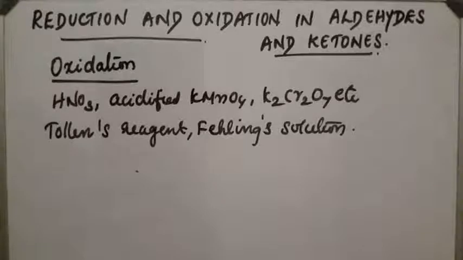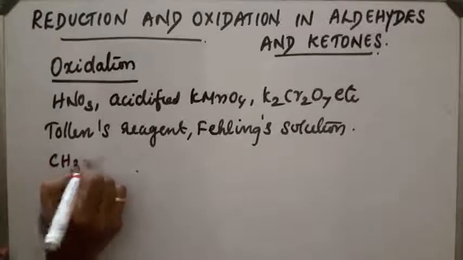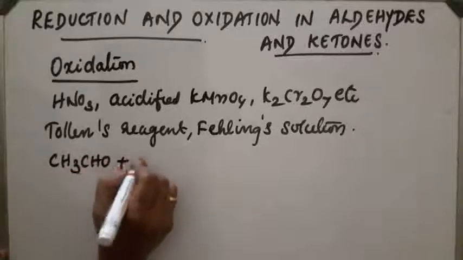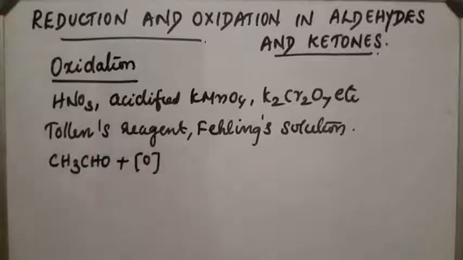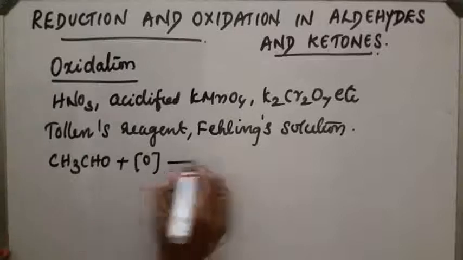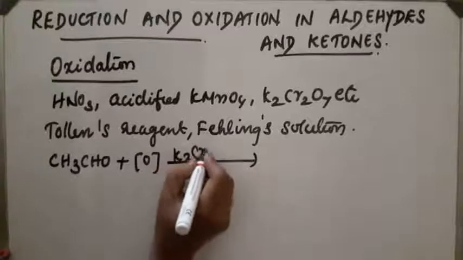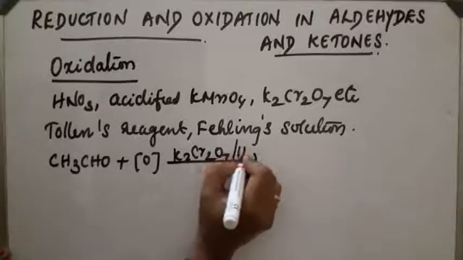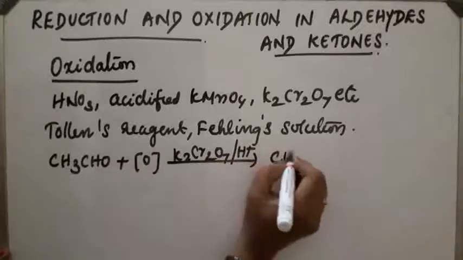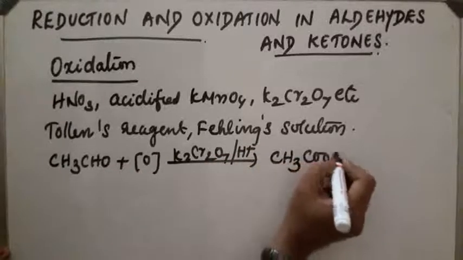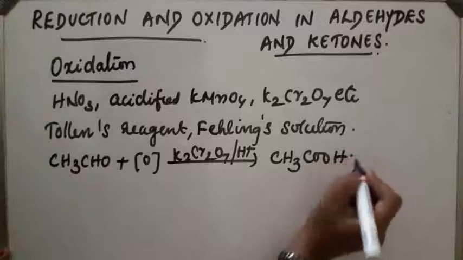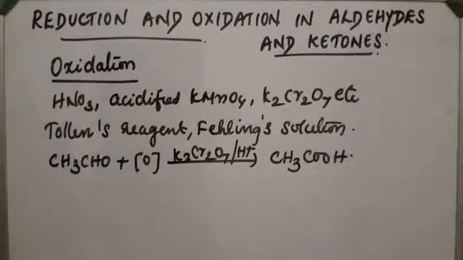Let us see first the case of aldehydes. Aldehydes on oxidation with common oxidizing agents like acidified K2Cr2O7 get oxidized to CH3COOH. Acetic acid will be obtained. But in the case of ketones, common oxidizing agents will not work.